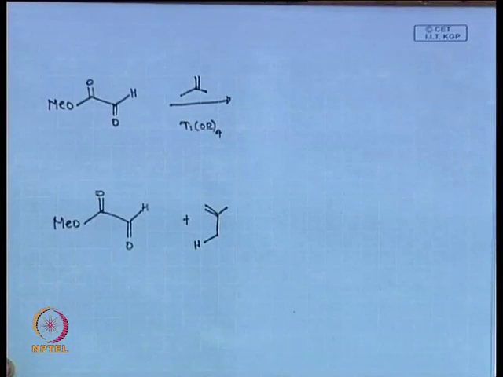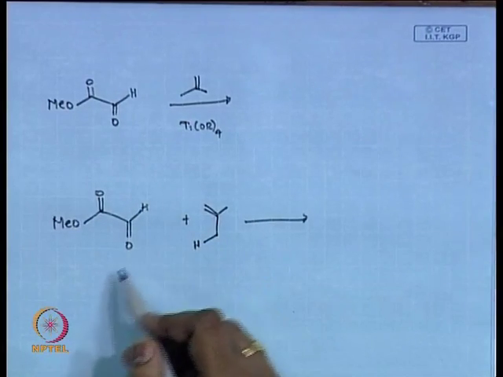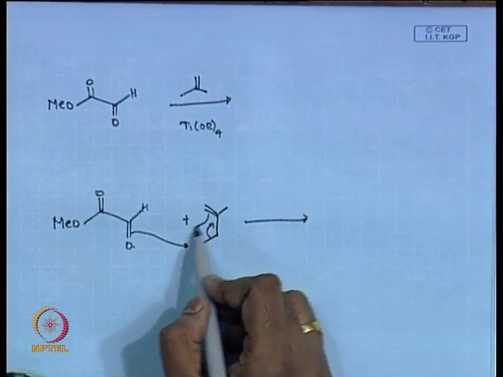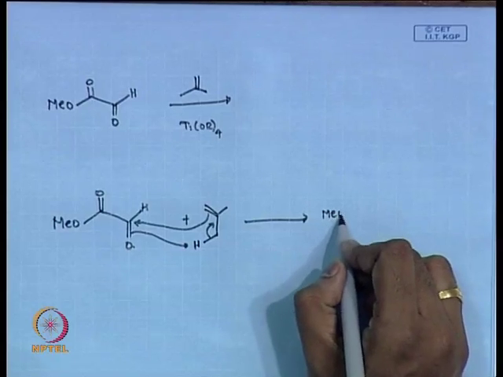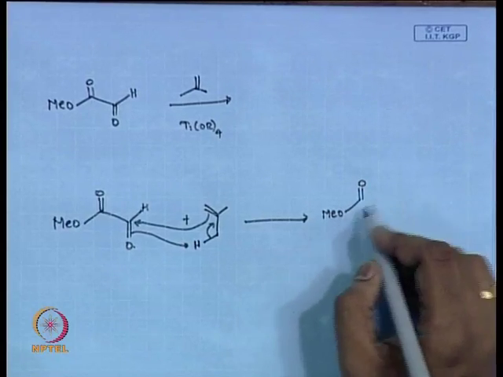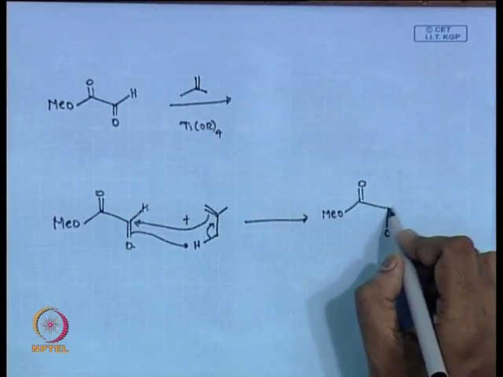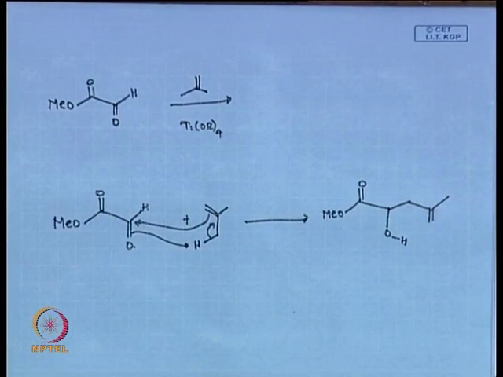To understand better, if you write methoxide carbonyl, you can have a hydrogen here, right. I can write the same reaction in this way. Then after that it is easy, because then you know how to push your electrons, and you get a nice product, looked at as an ene reaction.